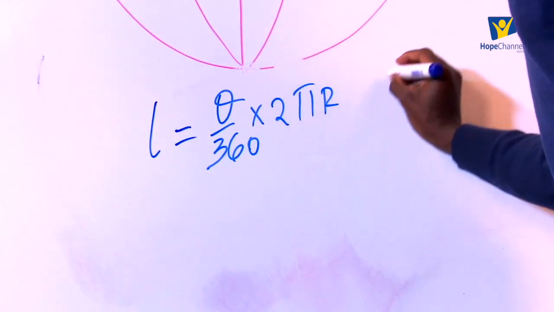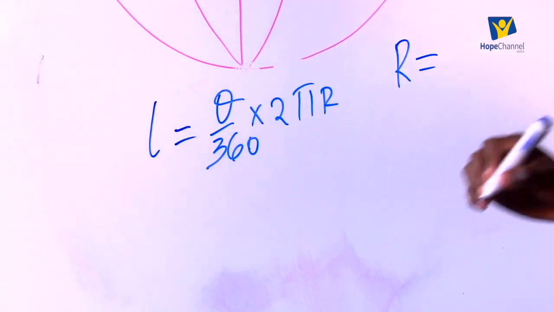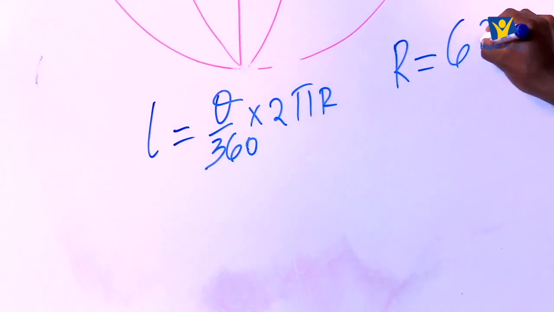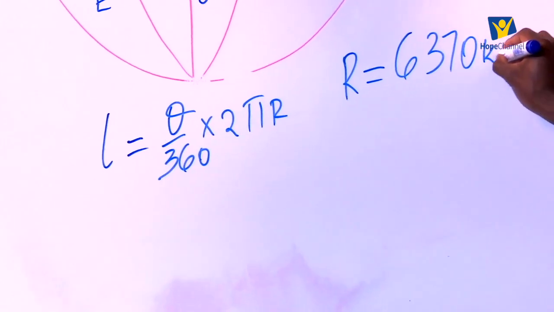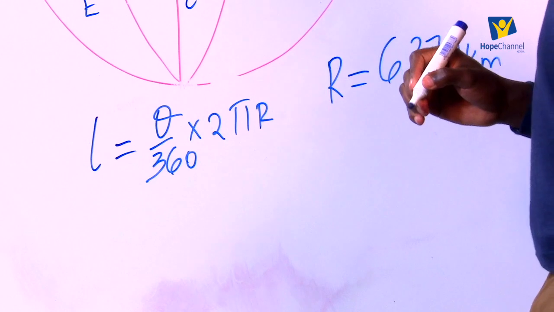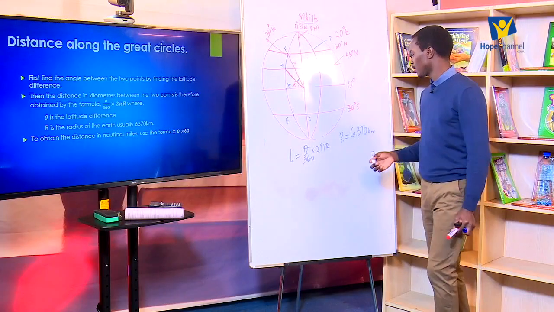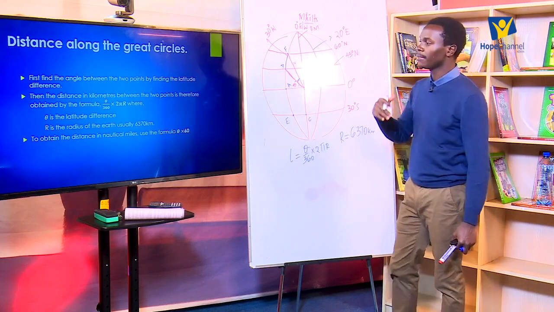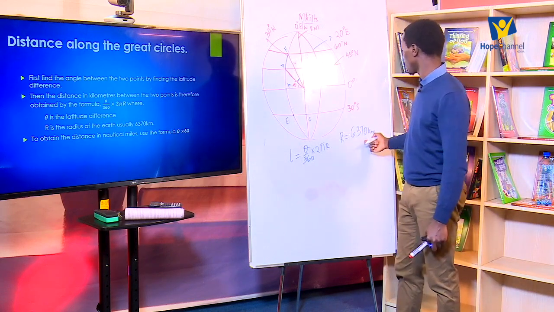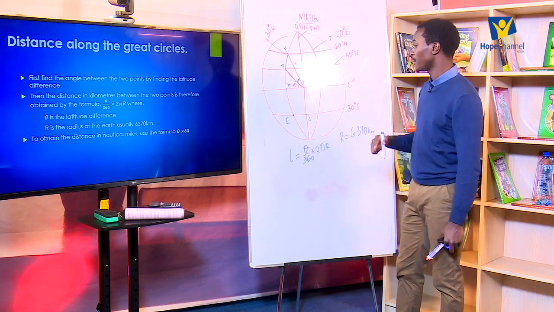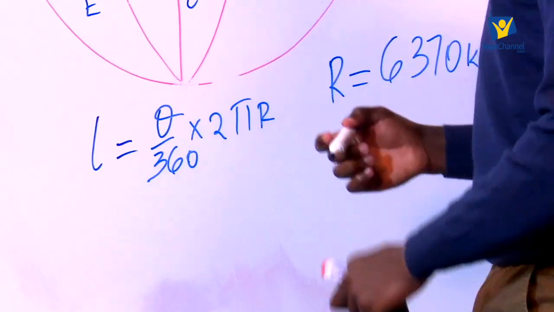Now, this r is the radius of the earth, which is usually given as 6370 kilometers. Unless stated otherwise, use this one. If you're given a different value for the radius, use the one that you're given. But if you're not given, then use this 6370.